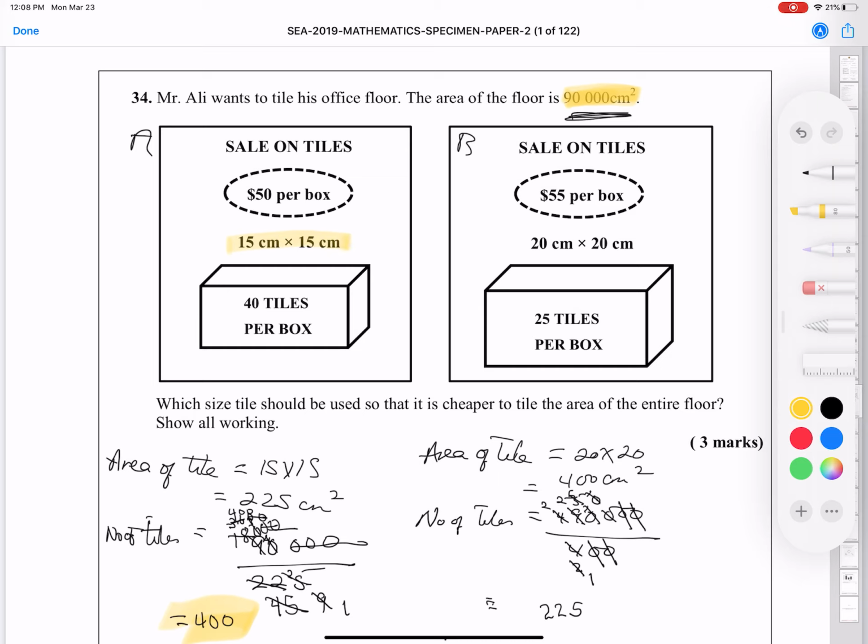$55 per box. Let's see how much is 55 times 9. 5 nines are 45. 5 nines are 45 plus 4. 46, 47, 48, 49. 495. So, with option A, you pay 500.